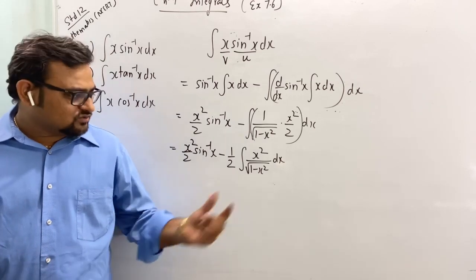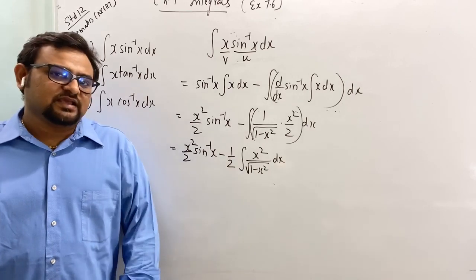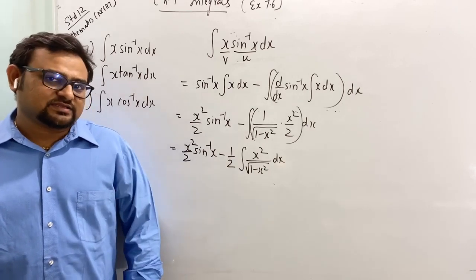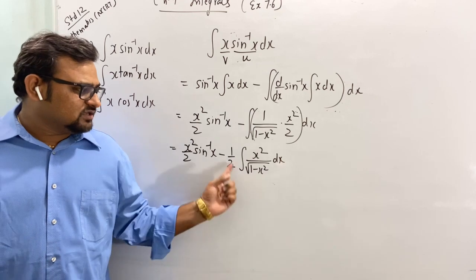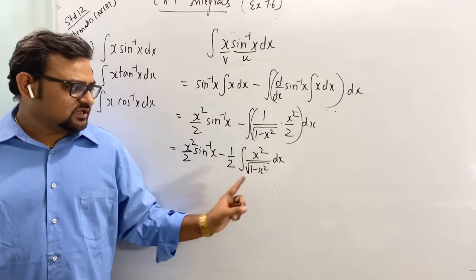Clear? So now see here, x square upon square root of 1 minus x square dx, right? So now we have to solve this in another way. Clear? We will solve this in another way.